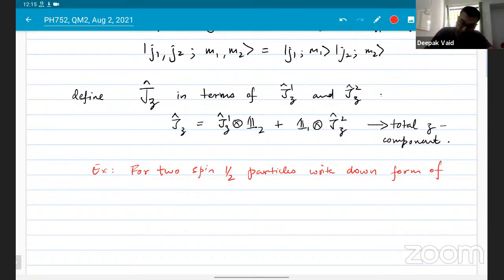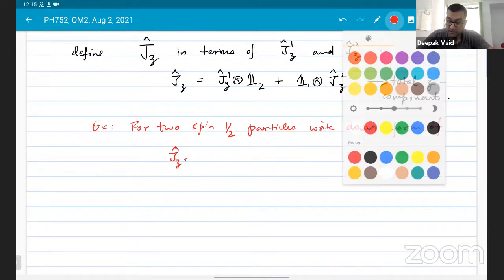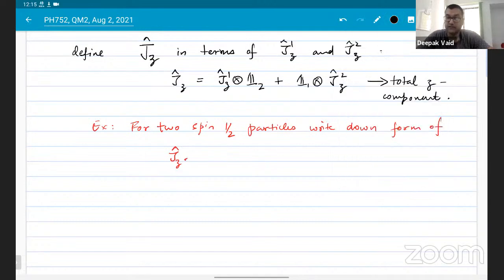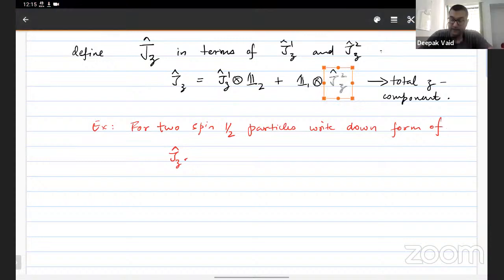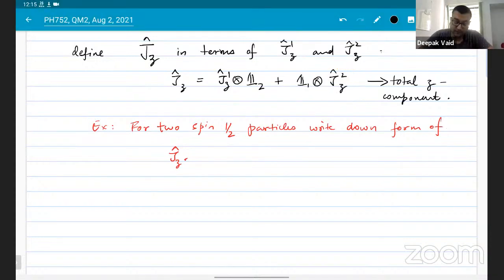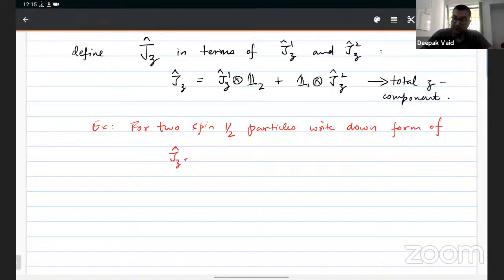Write down the form of Jz. I'll leave it as an exercise for you all, and in our next class I will ask if any of you have managed to do it. You have to remember that the single particle operators are just matrices. So this is the total Z component.